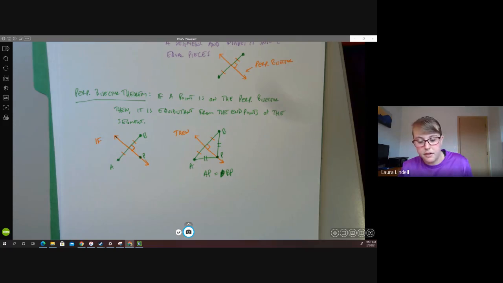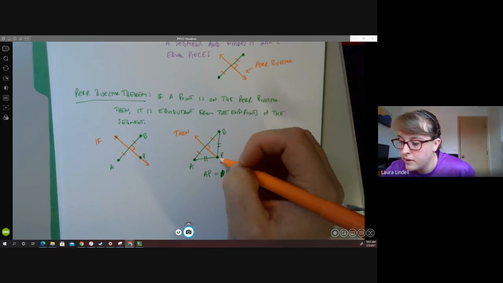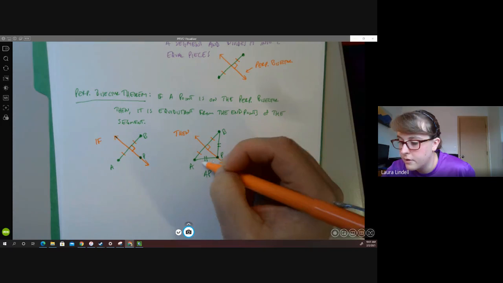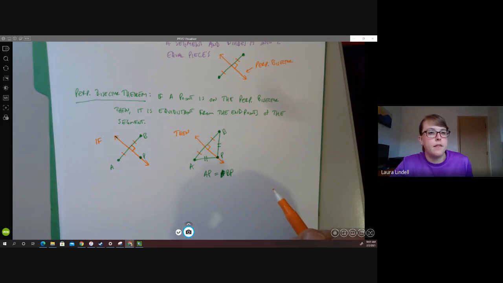We're going to be setting things equal to each other. So if this point's on the perpendicular bisector, if this distance is 7, then this distance would also be 7. Stuff like that.